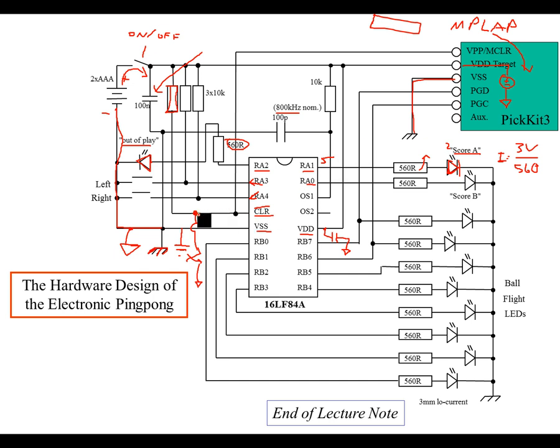Now, we have the master clear. Notice that for the paddles, for the push button switches, we also had to have the pull-up resistors. We talked about that a little bit as well. The pull-up resistors are needed because when you push the switch, it's going to pull down to ground. When you release the switch and put it in the up position, it's going to pull these pins high.